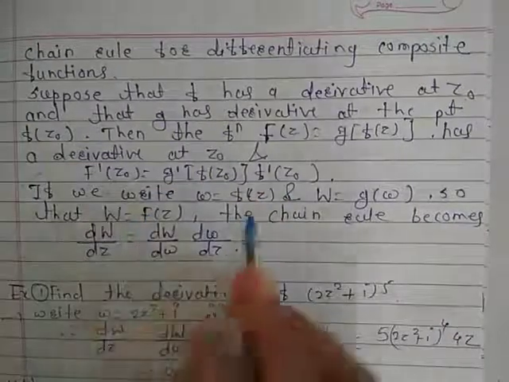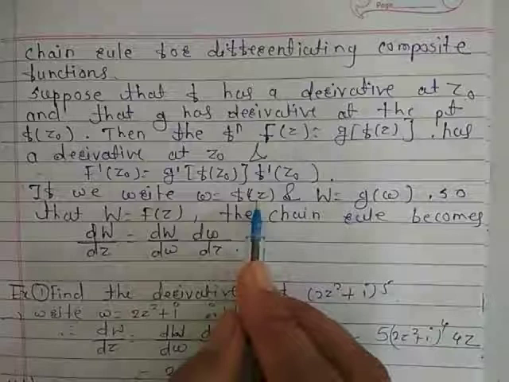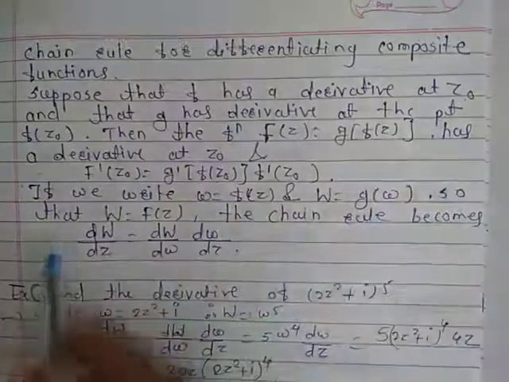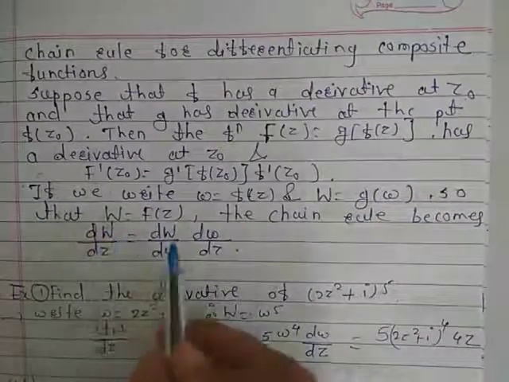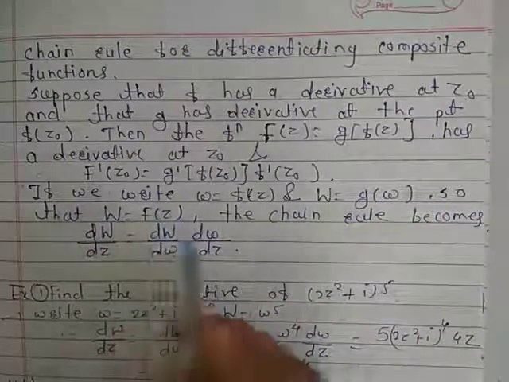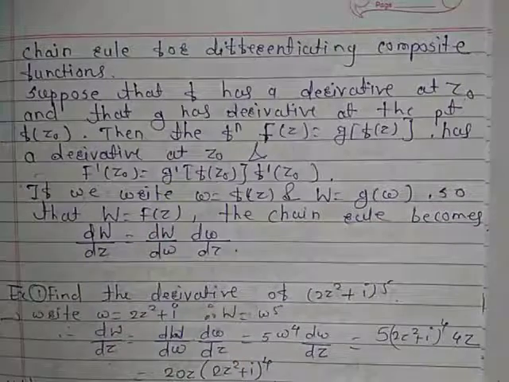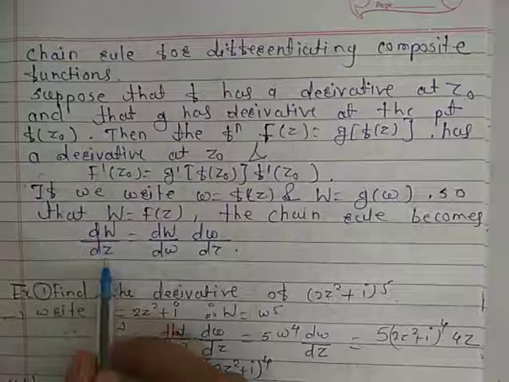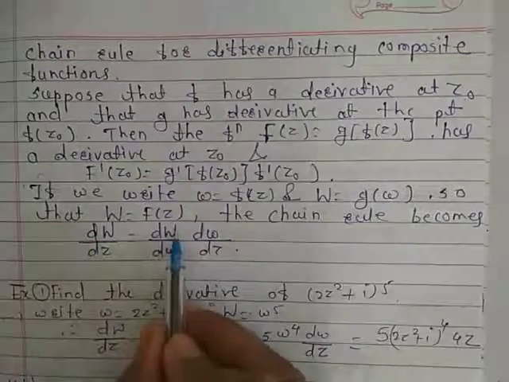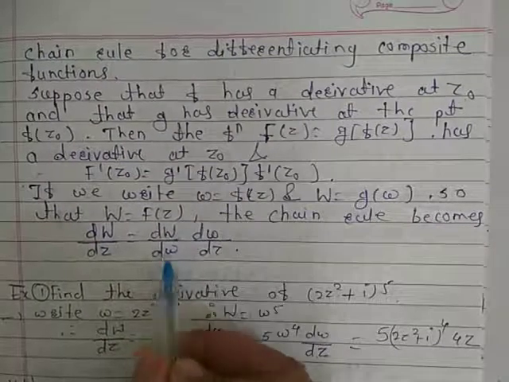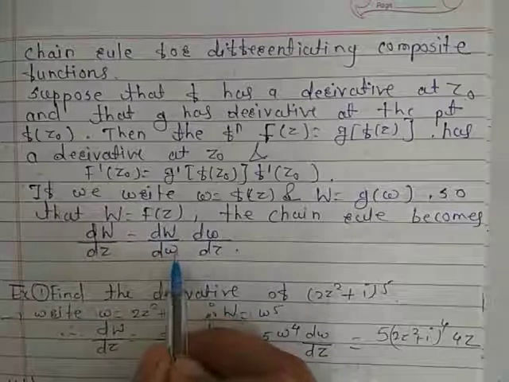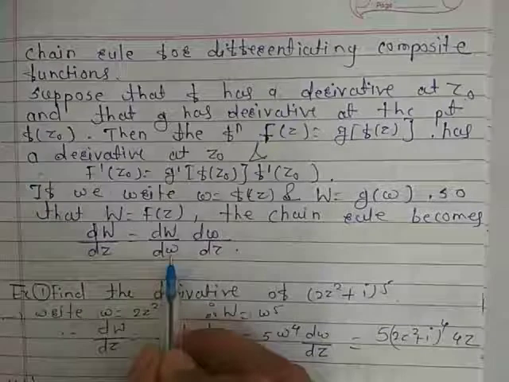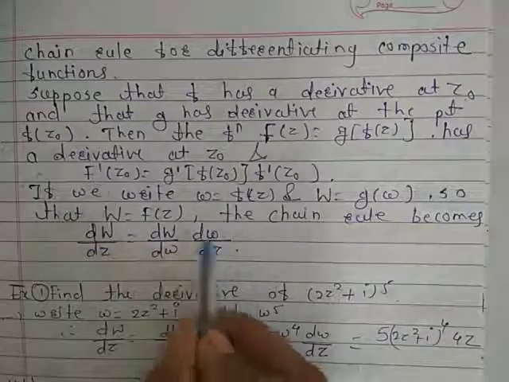If you write omega is equal to f of z and W is equal to g of omega, so we get capital W is equal to capital F of z. The chain rule becomes dW upon dz is equal to dW upon d omega into d omega upon dz, because W is a function of omega and omega is a function of z.